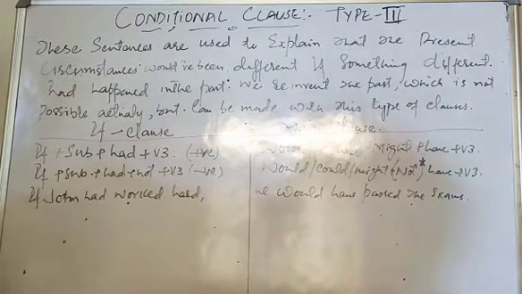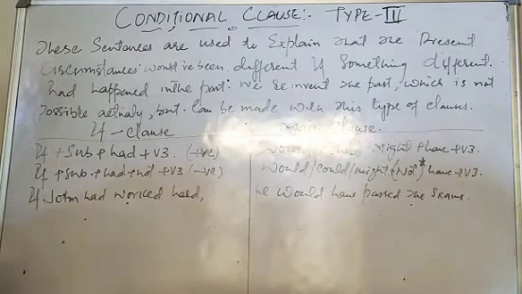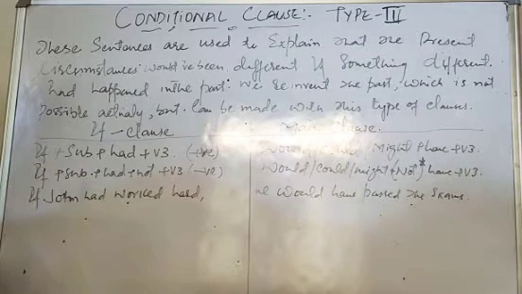Basically these sentences are used to explain the present circumstance, for example, if something has happened in the past, if we want to revisit the past, recheck the past, recreate the past, settle the mistakes we have done in the past, or the results may have come not up to our expectations.